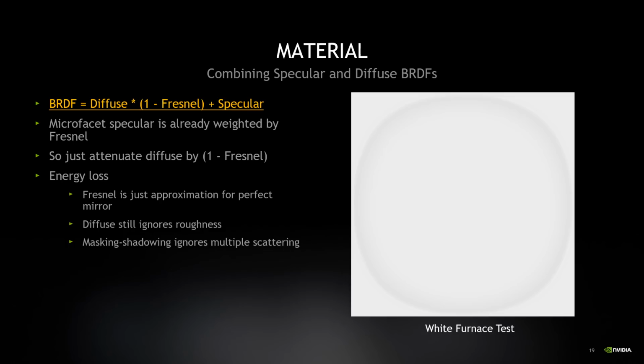If this wasn't ensured, it could happen that our image would converge to something very bright, because we calculate path tracing with multiple bounces of light, and the energy would be getting higher and higher on every bounce. We achieve good energy conservation for our BRDFs simply by weighting the diffuse term by 1 minus the Fresnel term. The specular is already weighted by Fresnel, which is built into it, so we just sum up those two results to get the final BRDF value.